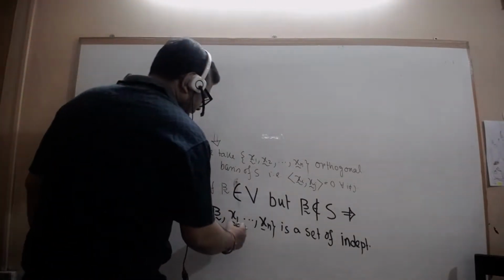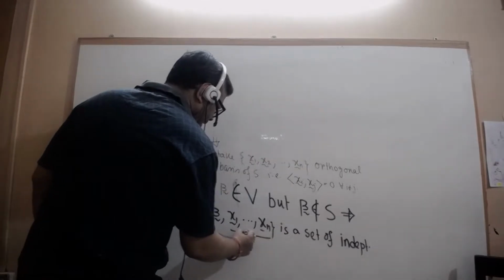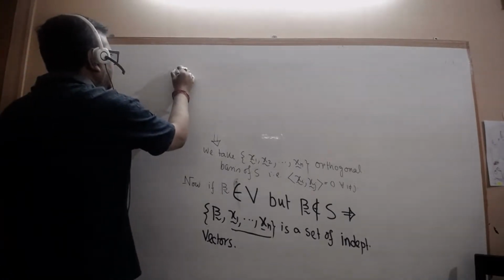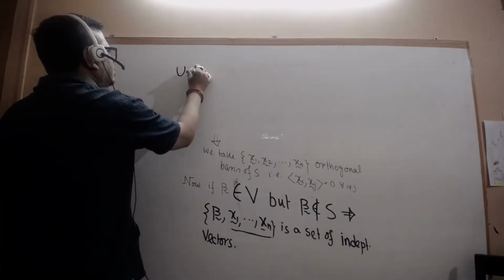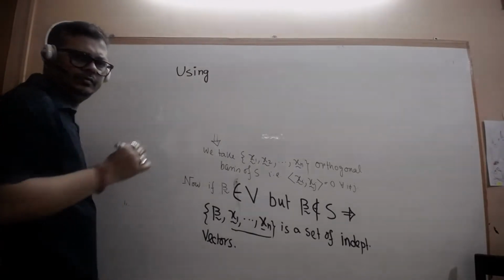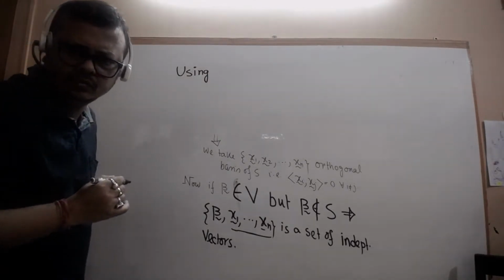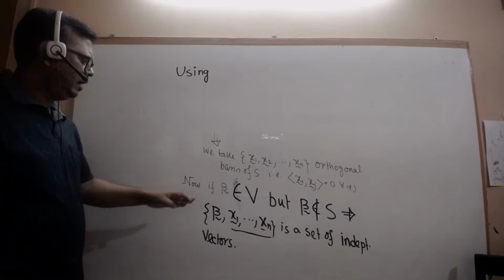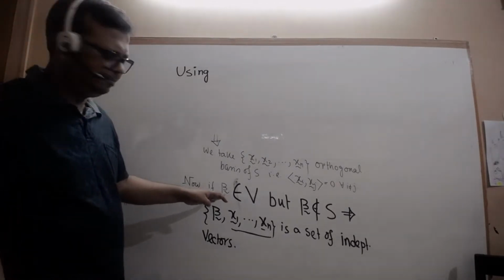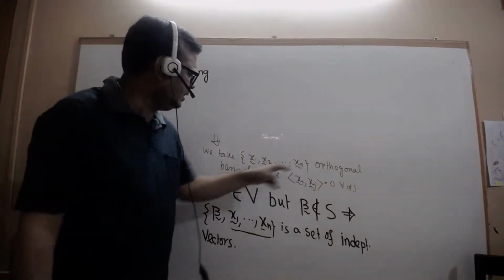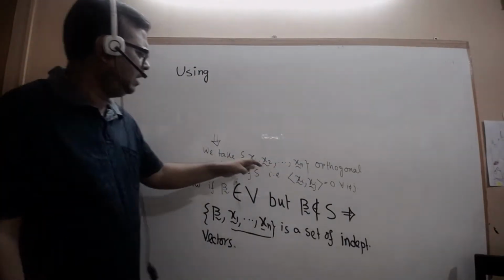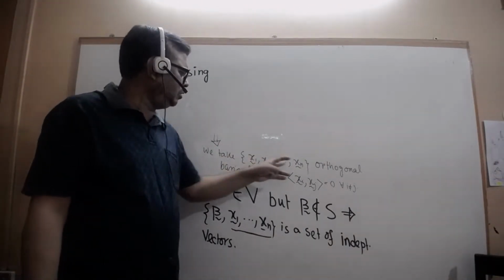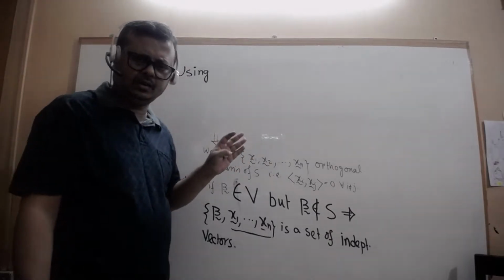Now, since these are independent, these are orthogonal vectors x1 curl to xn curl, then using the Gram-Schmidt orthogonalization technique. Since x1 to xn is the basis, it is a set of independent vectors.